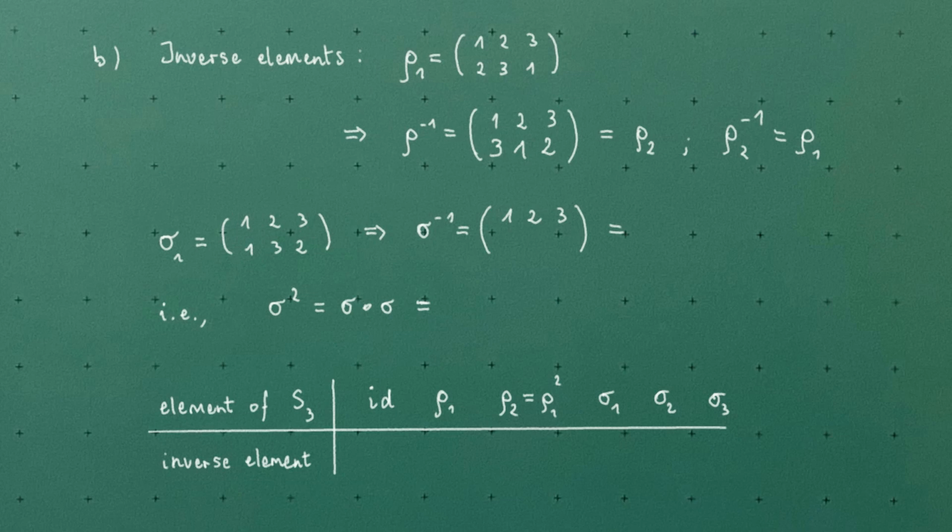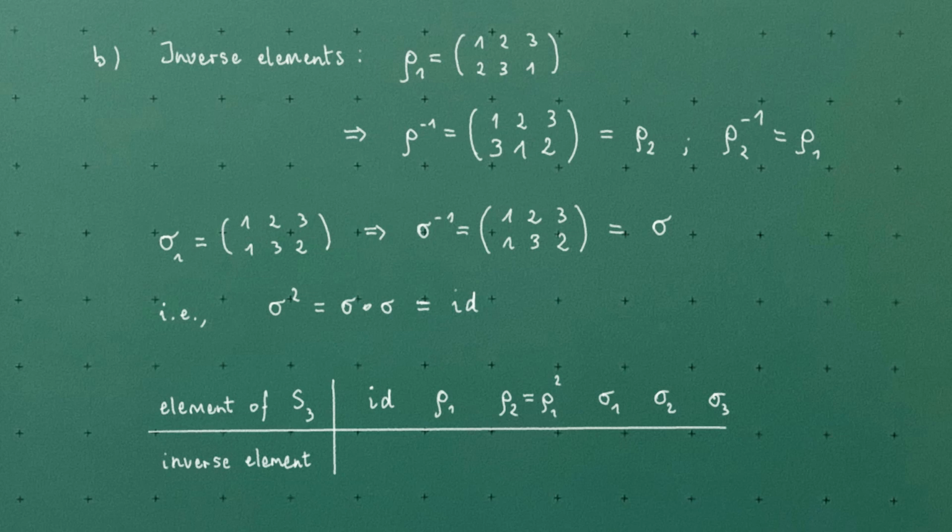We read from bottom to top. 1 stays where it is. 2 goes to 3, and then here I must have the 2, and this is sigma itself, which is not surprising, because if I apply sigma and then sigma again, which is abbreviated by sigma squared, I get, of course, the identity, because if I flip the triangle and flip it again about the same axis, I end up with the triangle I started with.